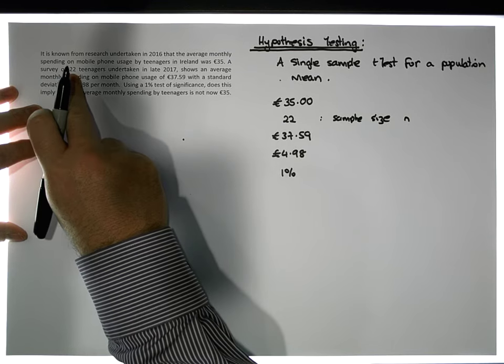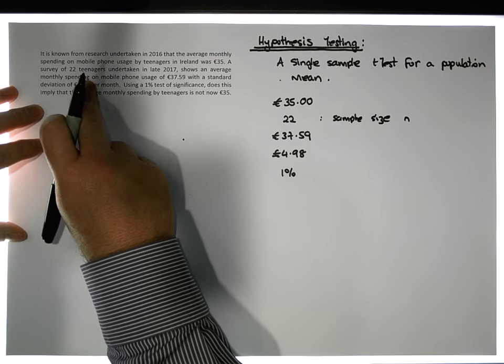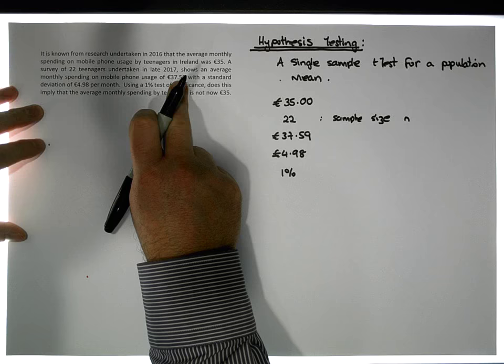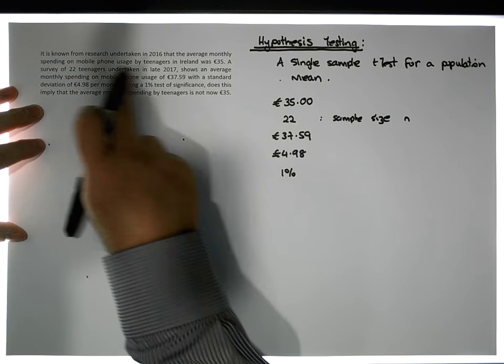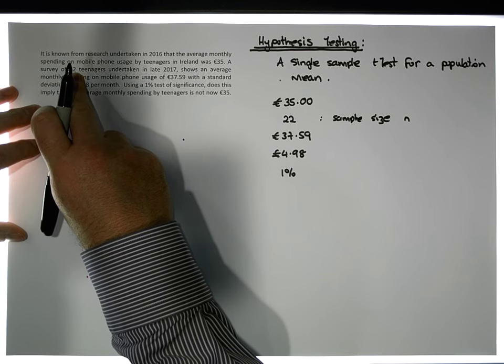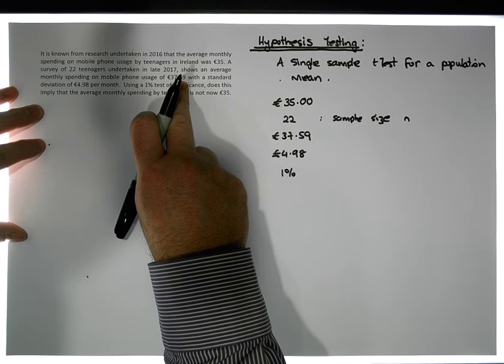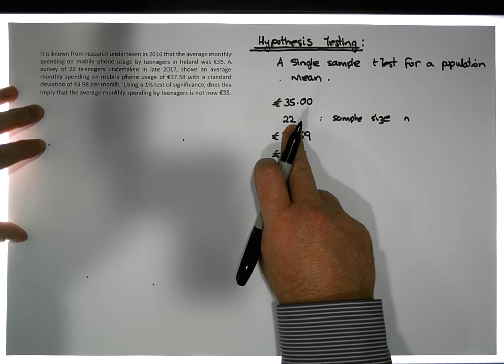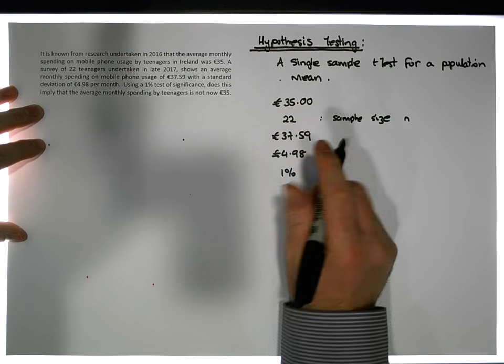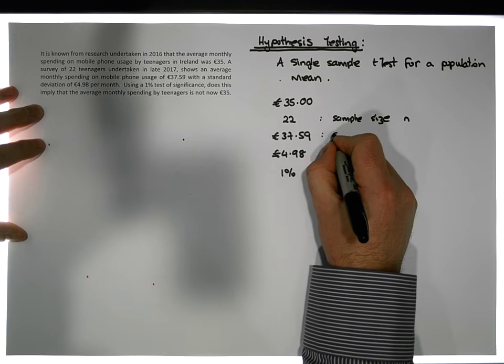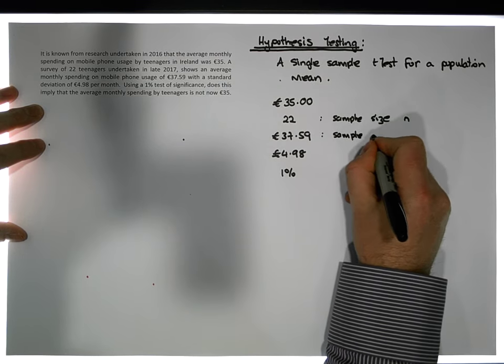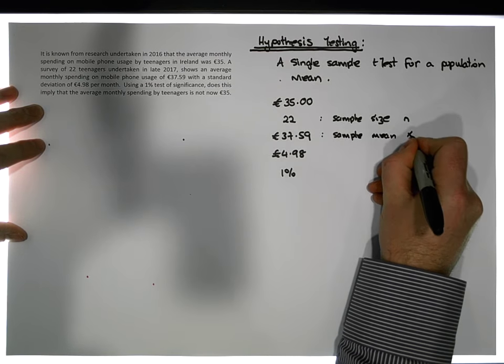A survey of 22 teenagers shows an average monthly spending on mobile phone usage of €37.59. So of the 22 teenagers surveyed, their average spend was €37.59. Now, the 22 were a sample, so this average spend must be the sample mean, our x bar.